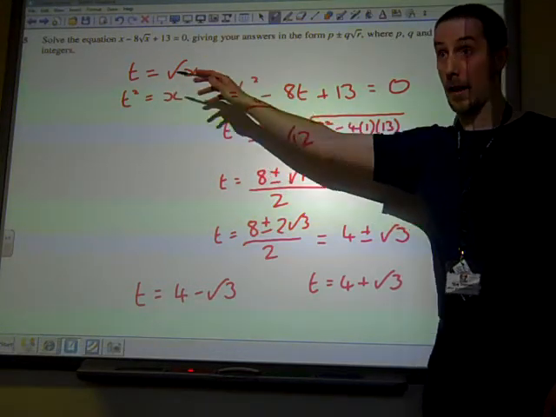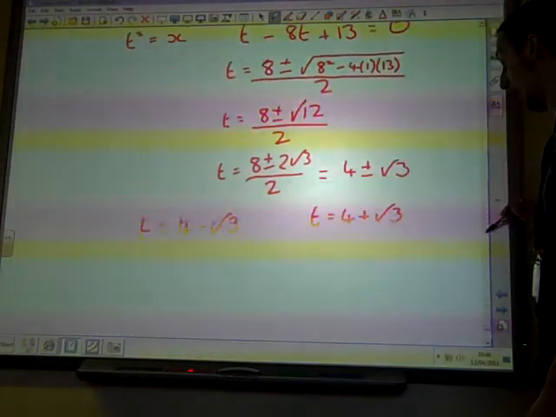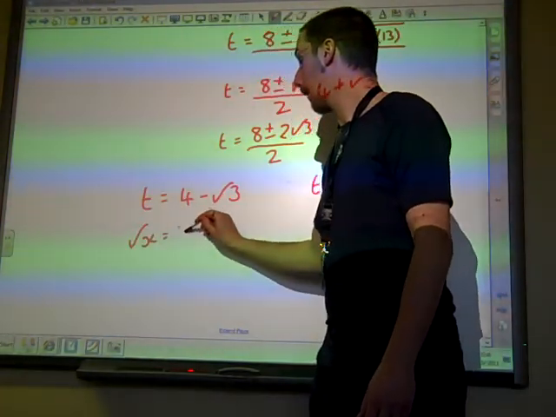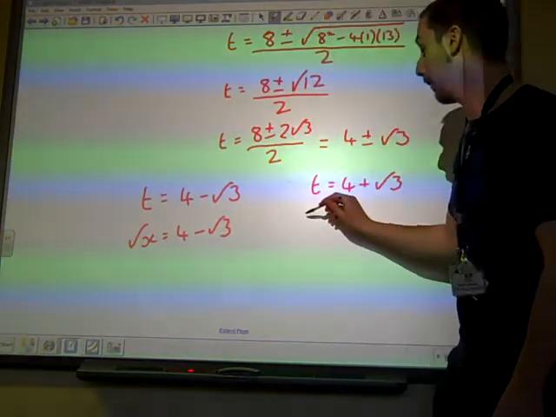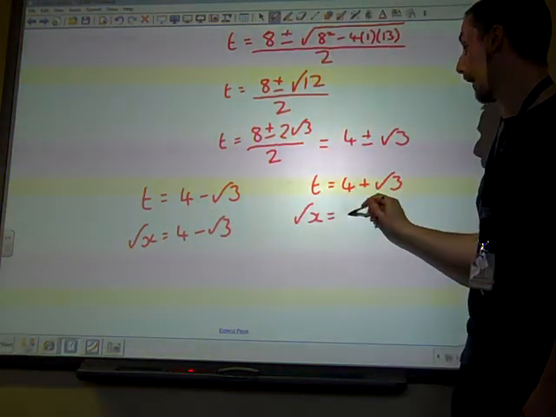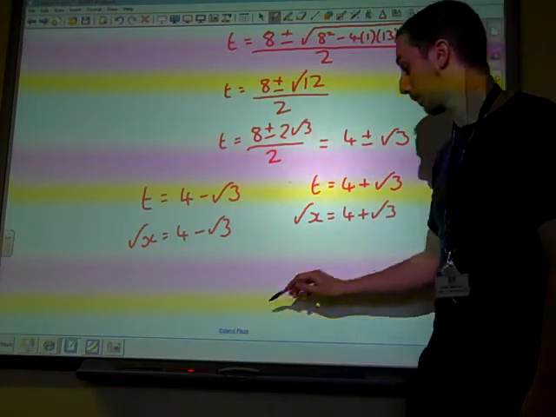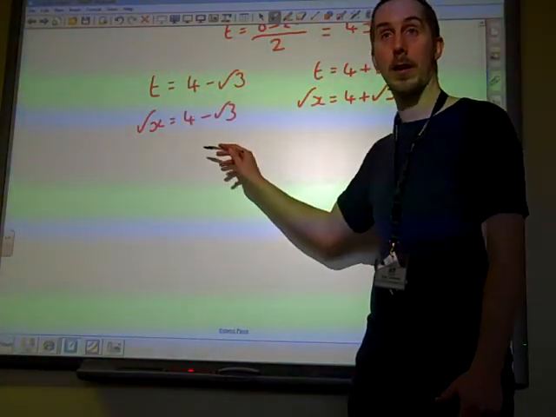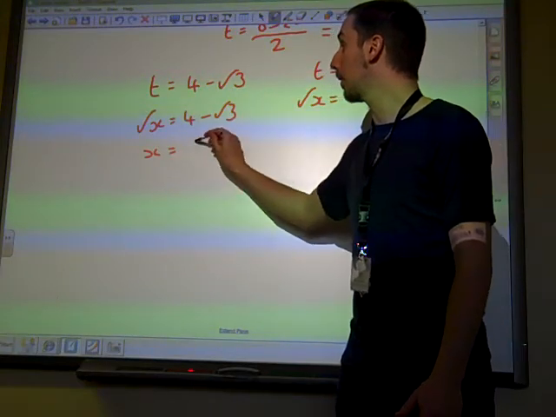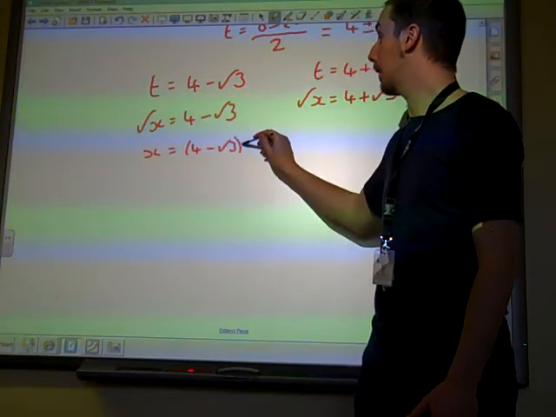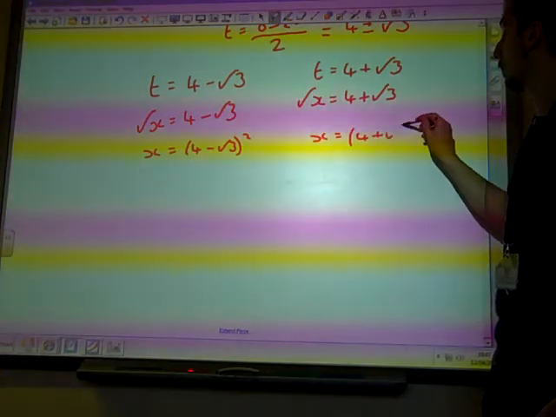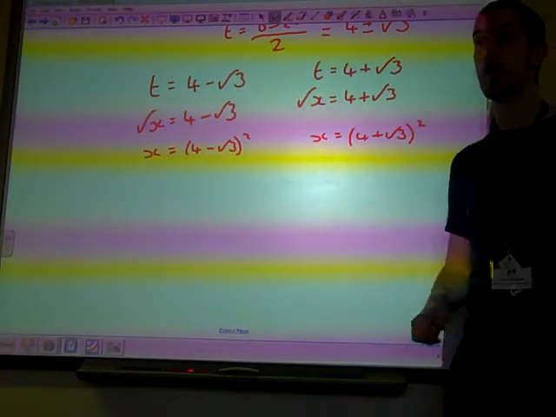So thinking about that, that tells us that in order to find what x is, we're going to have to square these expressions and see what we get out of them. So if root x equals 4 minus root 3, x must equal 4 minus root 3 when you square it. And x must equal 4 plus root 3 when you square it.